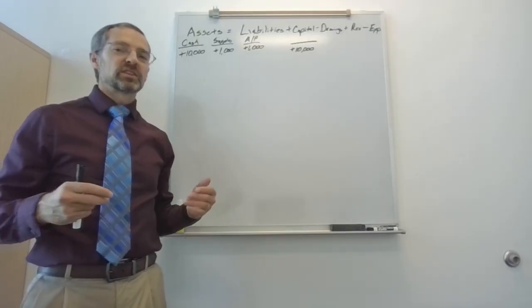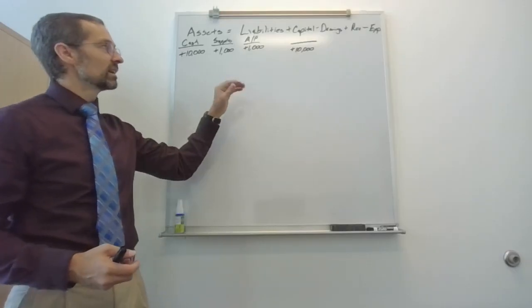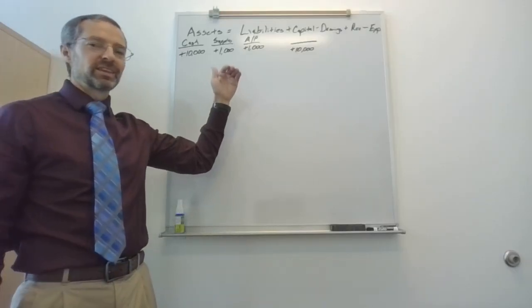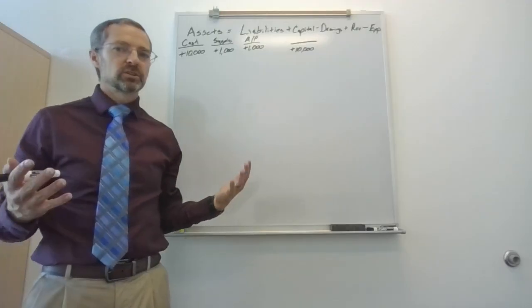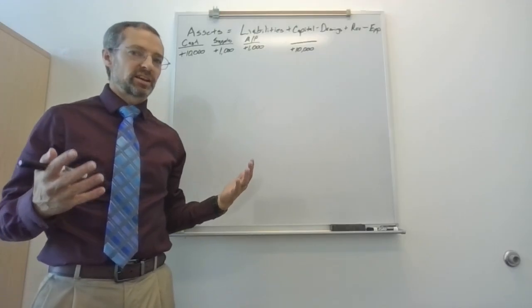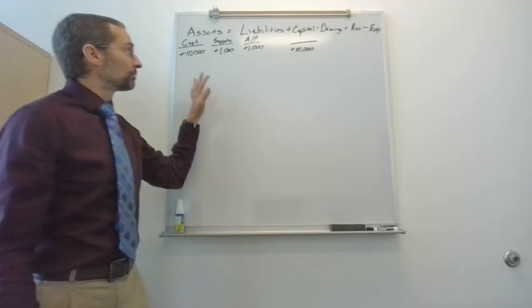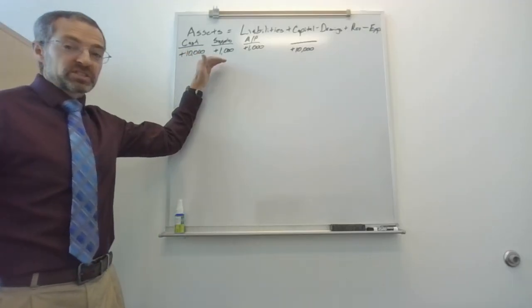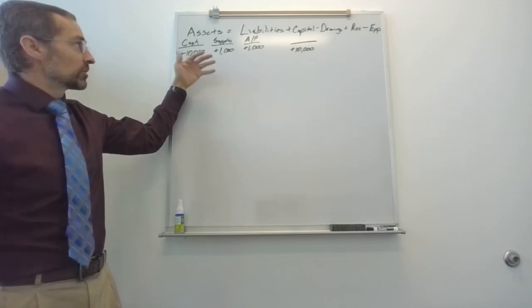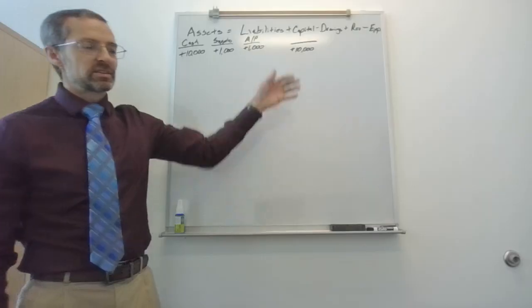And this is where we start translating our accounting into a language. We're going to learn how to read and write the accounting language. So the first step is to analyze the transaction. Figure out which accounts are going up and down.